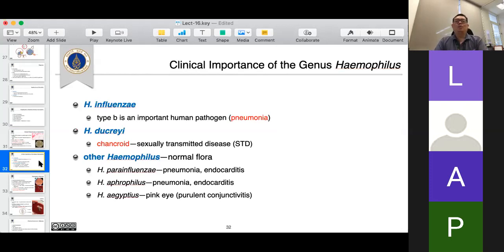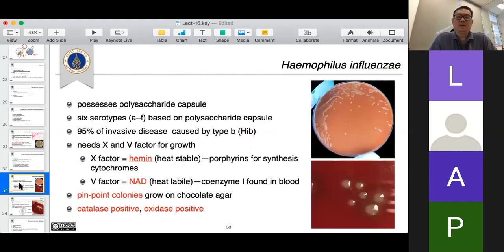So there are two main species that have clinical importance. Influenzae causes pneumonia and ducreyi causes chancroid, okay? The other Haemophilus, like parainfluenzae, whatever, are normal flora. They're kind of good guys in your body, okay?